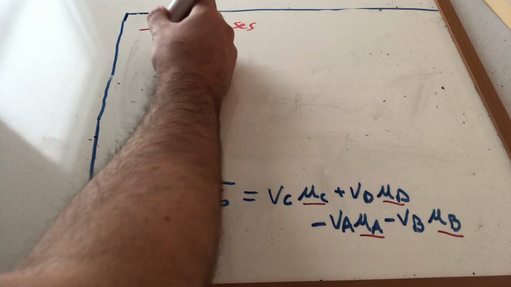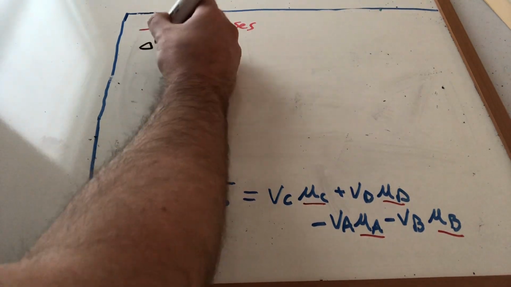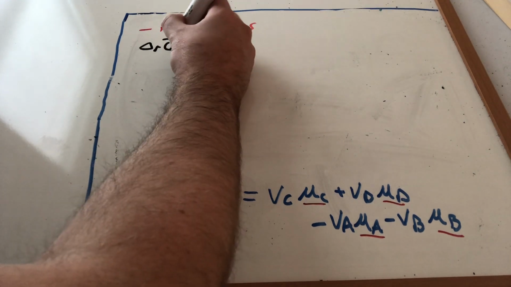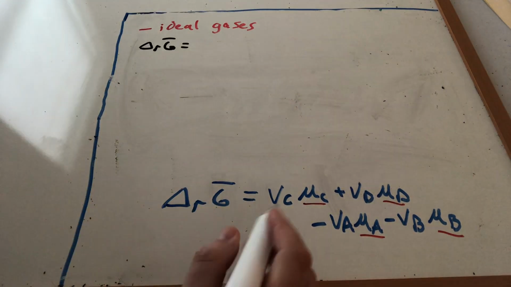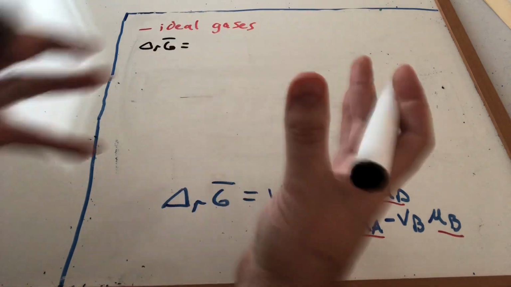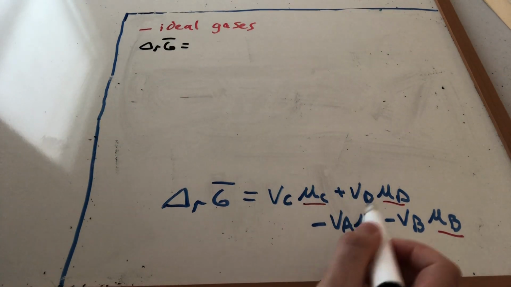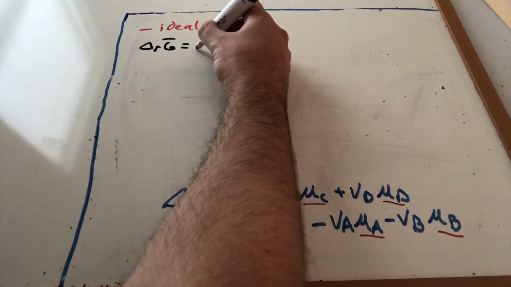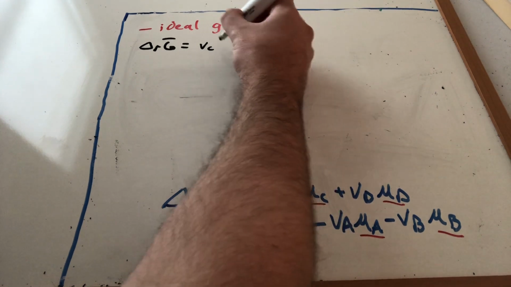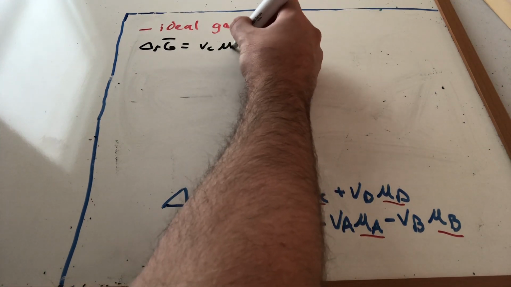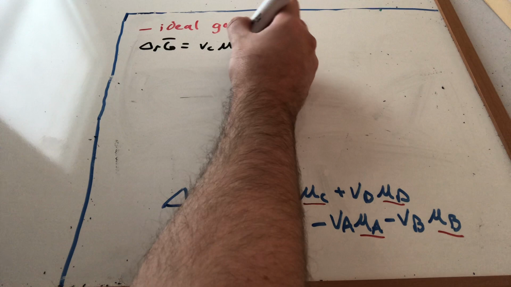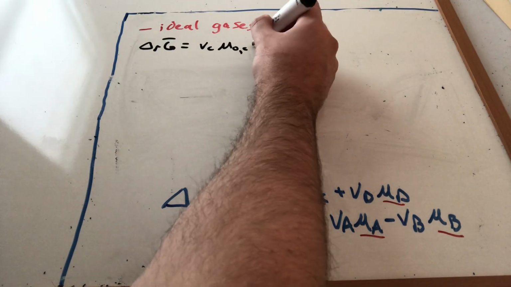What we're going to get for delta G molar for our reaction is, and I'm going to gather things up. Remember how there's a mu naught term that comes from each one of these? I'm going to get a VC mu naught for C, and put a comma there, right?